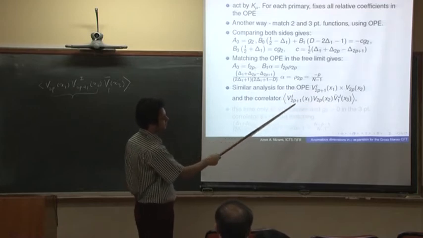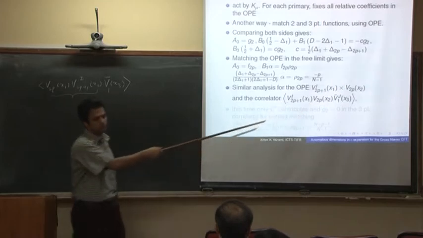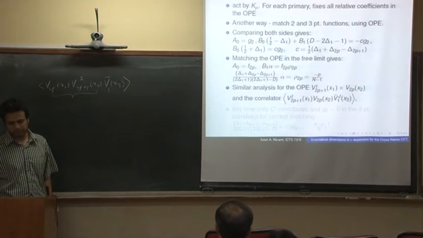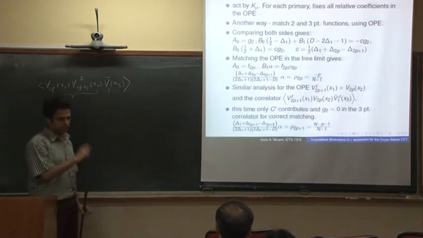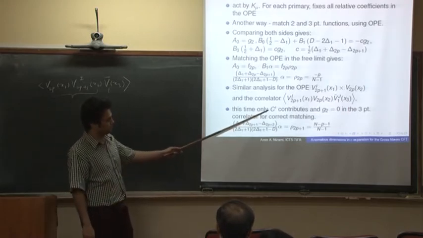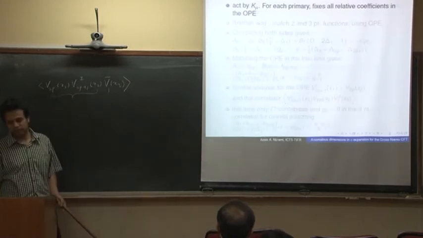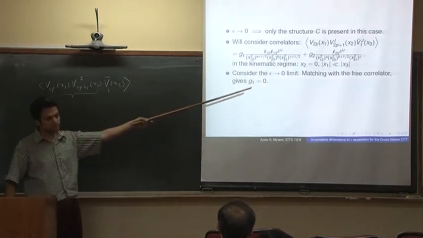Right? So that was boson, fermion. This is the other way. It's the same 3-point function in a different kinematic regime. You do the same thing here, exactly the same thing. It turns out that in the OPE, which I wrote down for you, which had two structures, C and C prime, in this case only C prime will contribute. And in the 3-point function, so earlier G1 was 0, this time G2 will be 0.